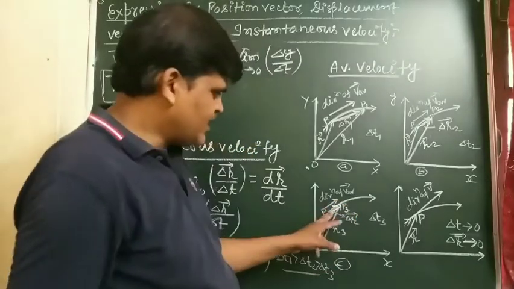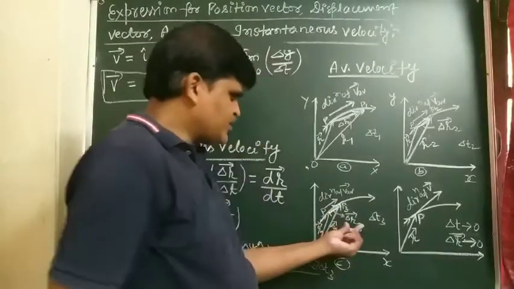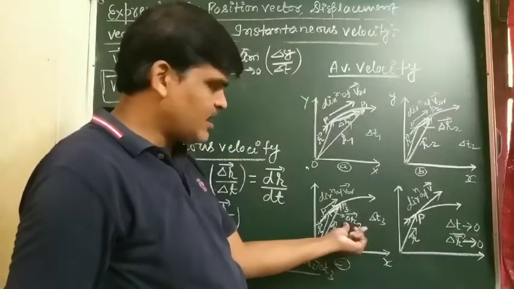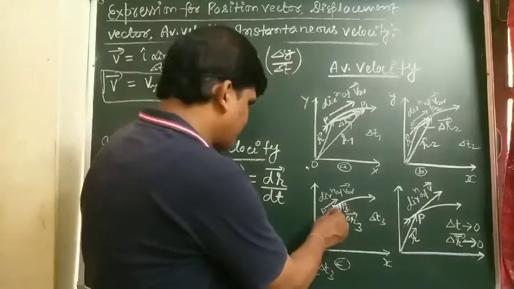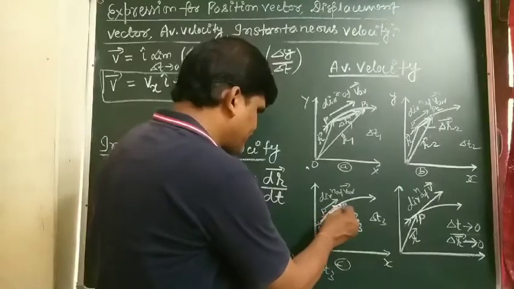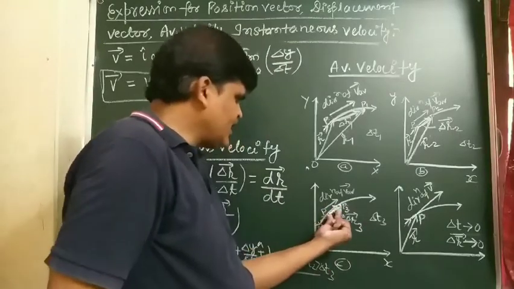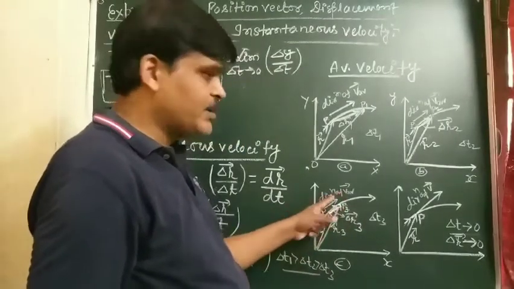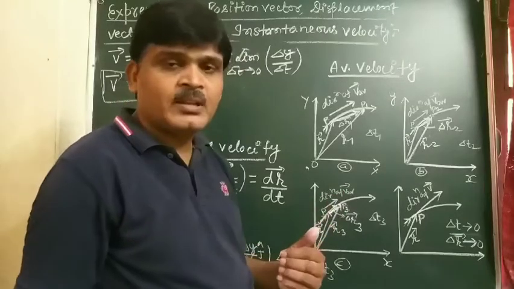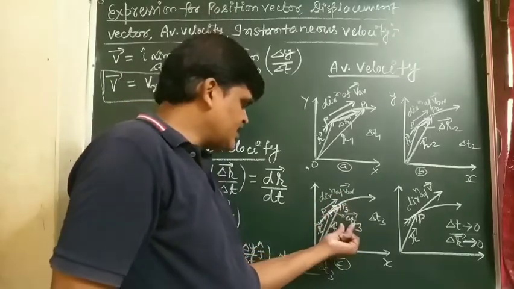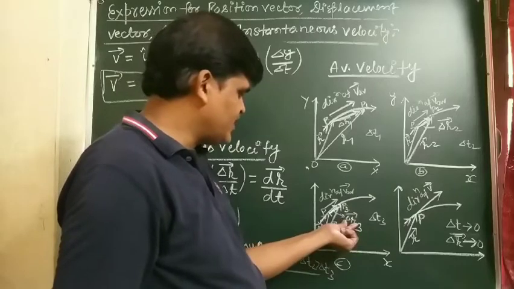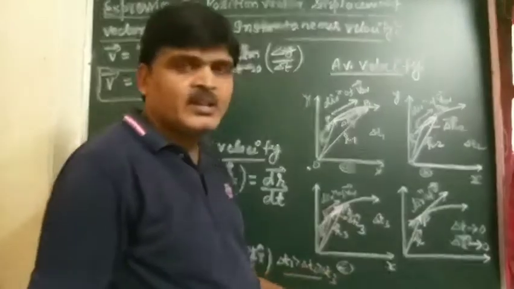Again we see that displacement delta r3 is shown by the P3 line, and again we see the direction of average velocity changes, as the direction of displacement vector delta r3 changes.